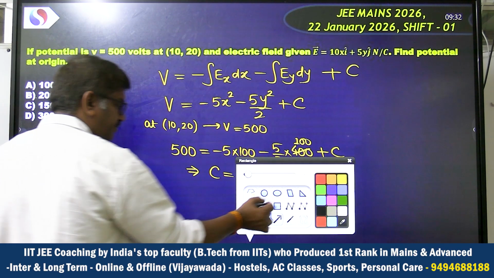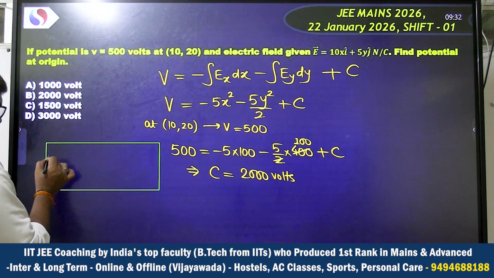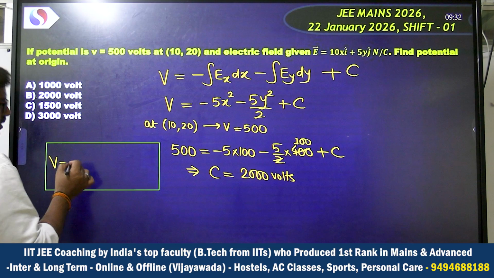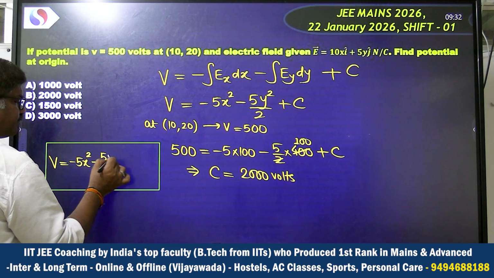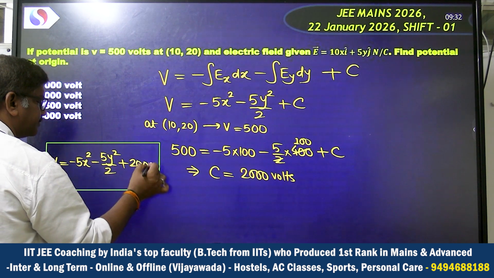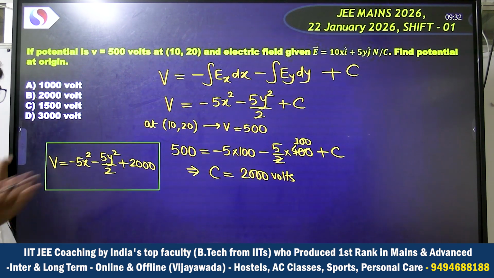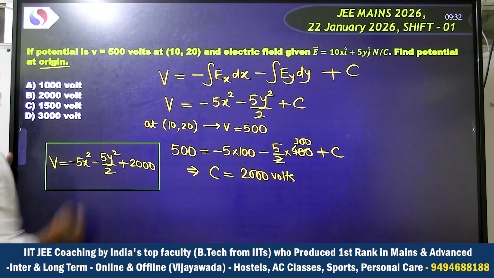So the final expression of my V is minus 5x square minus 5y square by 2 plus C, and the value of C is 2000. Now, this is your general expression of potential. Wherever you have to find it, you can, but they are asking at the origin.